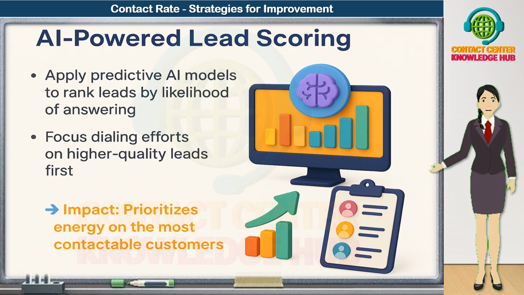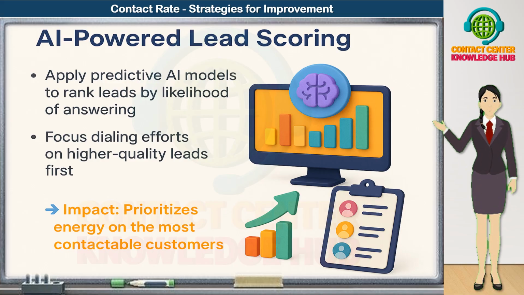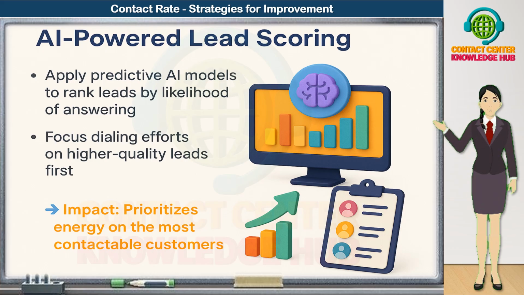This allows your team to focus dialing efforts on the highest quality leads first, rather than wasting time on low probability numbers. The result? Agents spend their time with customers who are both reachable and relevant. Impact: AI-driven lead scoring prioritizes energy and resources on the most contactable customers, significantly boosting overall contact rate and campaign efficiency.